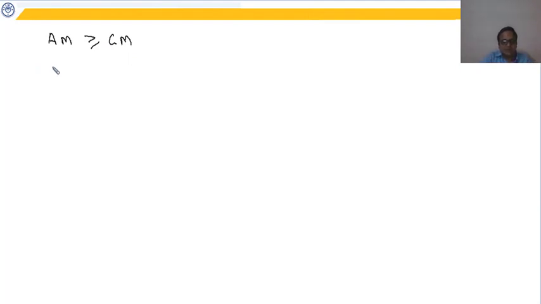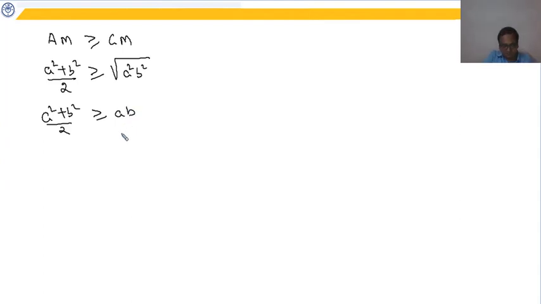They are real numbers, a, b, c are sides. So we can say a square plus b square divided by 2 is greater than or equal to square root of a square b square, that is a square plus b square by 2 is greater than or equal to ab.